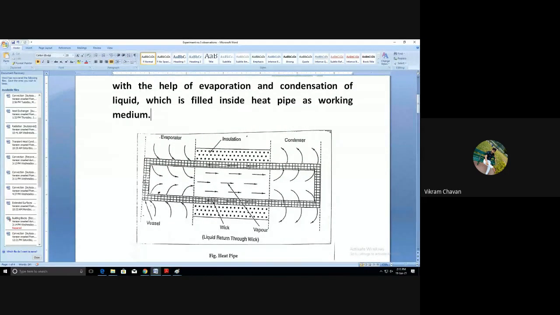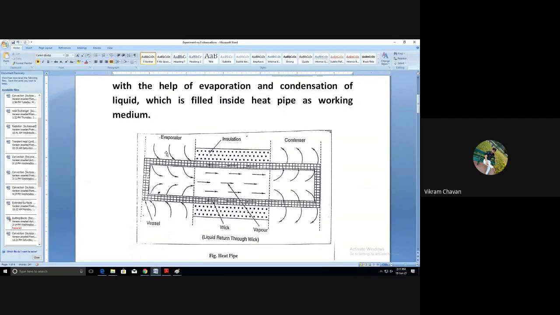Initially, we consider the working fluid. In our experiment, distilled water is used as the working fluid in the heat pipe. This working fluid is present in the evaporative section in liquid form.